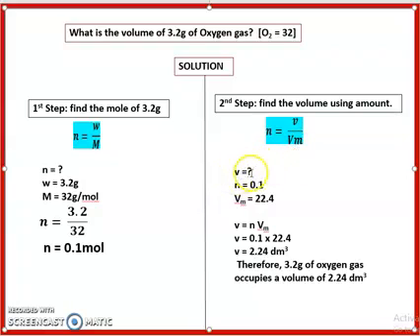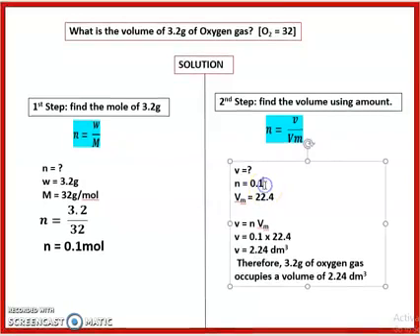We are looking for V, and our mole, which is amount, is 0.1 from here. So 3.2 grams has the amount of 0.1 mole. Okay? Then the molar volume is 22.4 dm3.